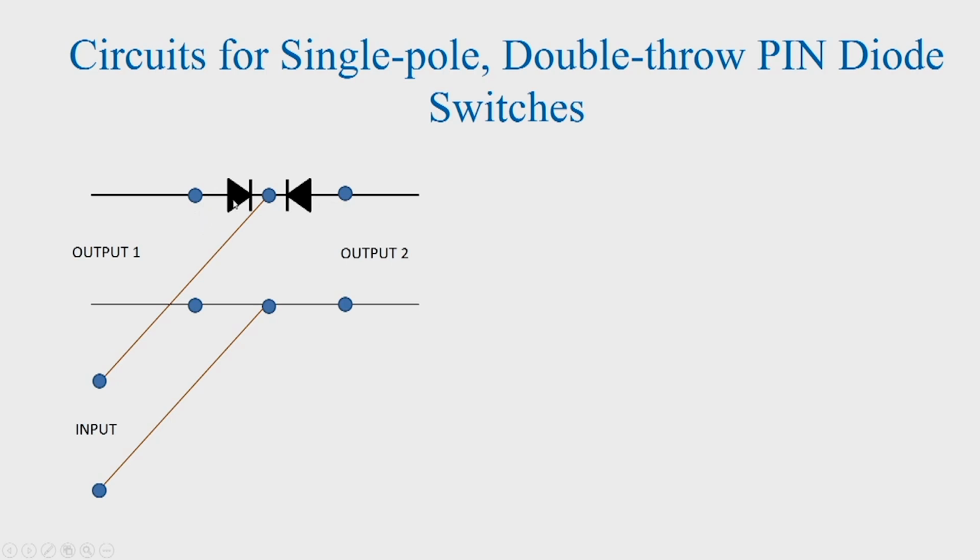So, when this diode is on and this diode is off, the signal from the input port will go to output port 1.